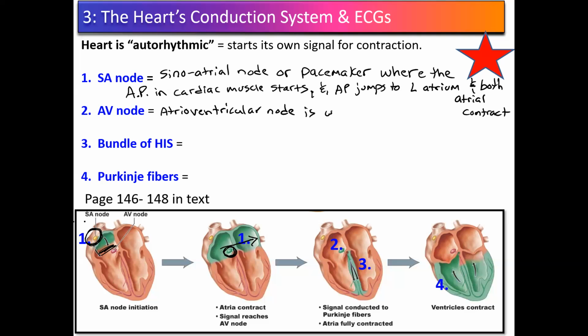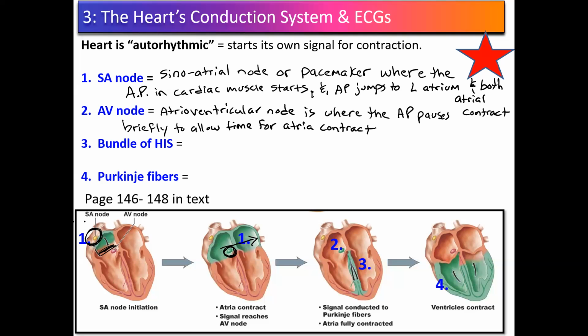It is where the action potential pauses briefly to allow time for the atria to contract. What you want to have happen is time for those atria to contract fully, to push all their blood into the ventricles. And once that happens, then the signal can go down to the ventricles.